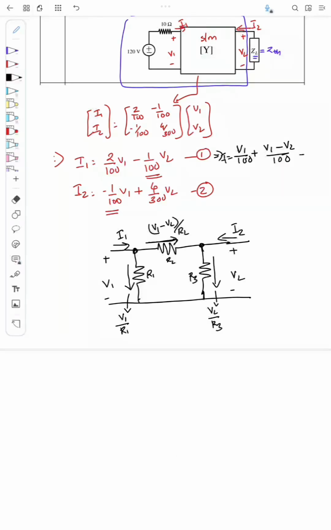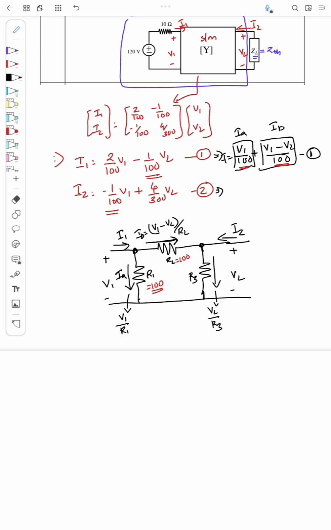Comparing this equation with the circuit, say this is the current IA flowing through R1, that is V1 by R1, corresponding to this term. Say this current is IB, that is V1 minus V2 by R2, that is this one. Comparing these two, it's clear that R1 is equal to 100, and R2 is also equal to 100.